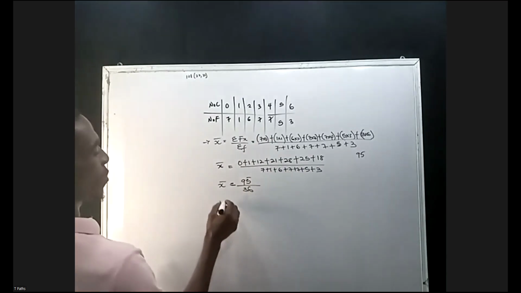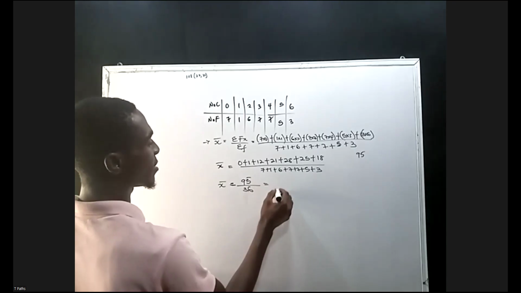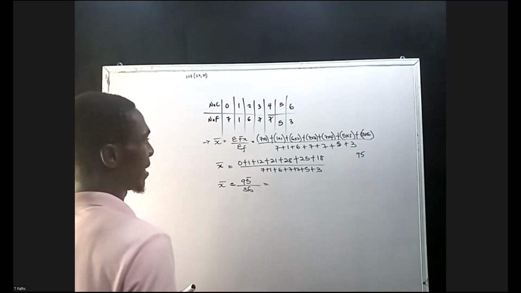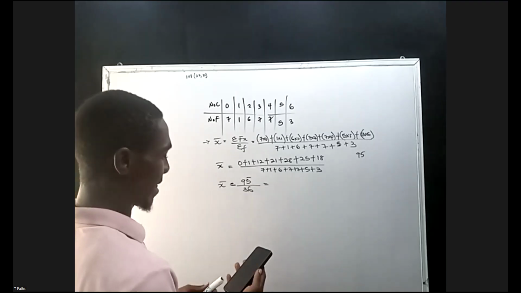When we add this and divide, you have your answer in decimal places. Let me use my calculator so we can have the exact answer.